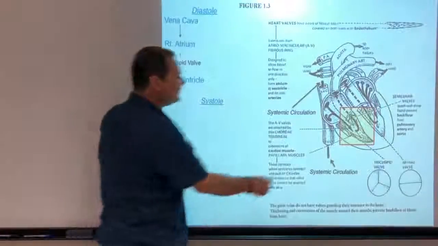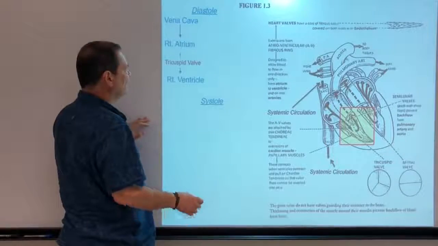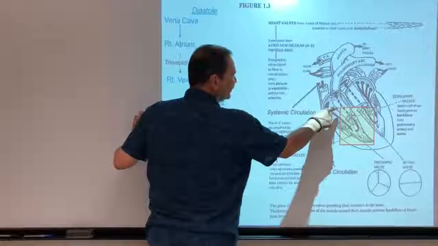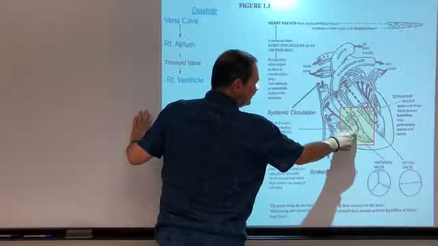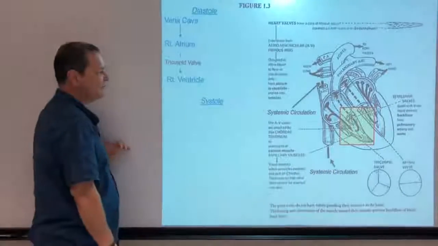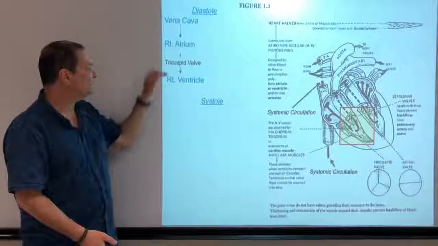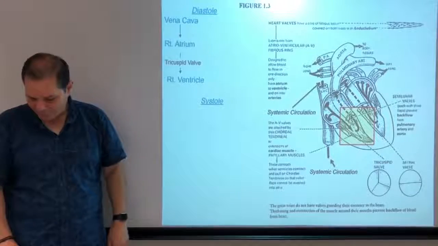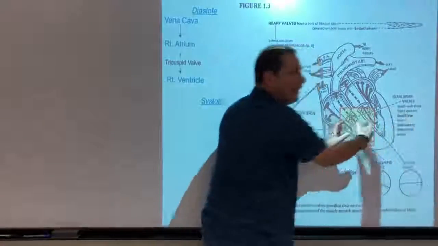And then, because this ventricle is relaxed, the pressure in that ventricle is low, the right ventricle, and blood flows from the right atrium down its pressure gradient into the right ventricle through the tricuspid valve, which is open at this point, okay? So blood is flowing into the right ventricle. Now we begin systole, which means this heart starts to contract, okay?